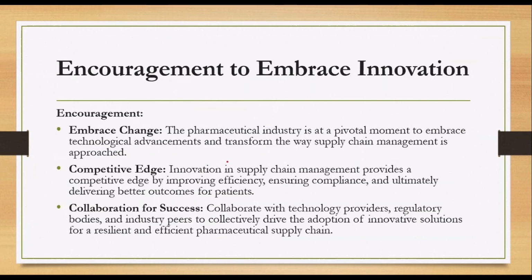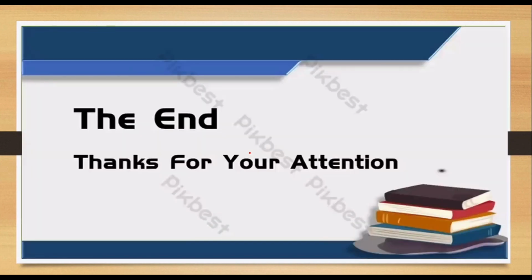But here, the encouragement to embrace innovation is the encouragement to embrace change and competitive edge and collaboration for success. These three important elements that are the encouragement will be there. And this is about supply chain overview of the pharmaceutical industry. And thank you for that.